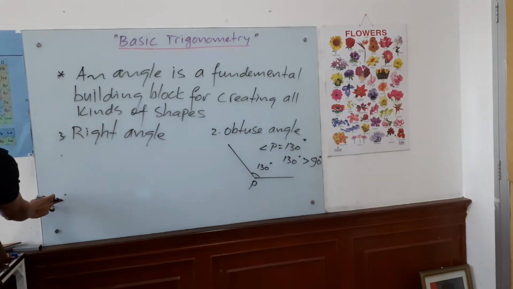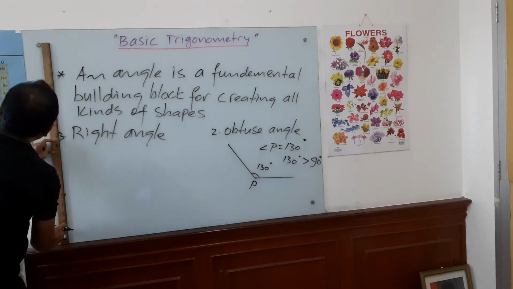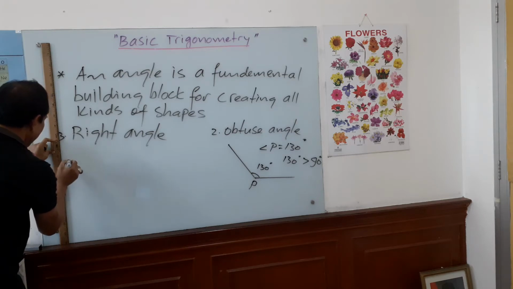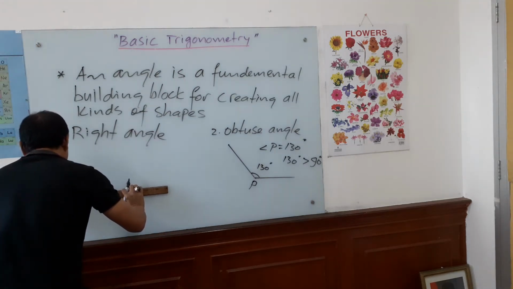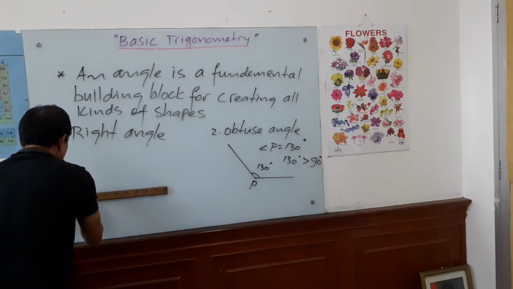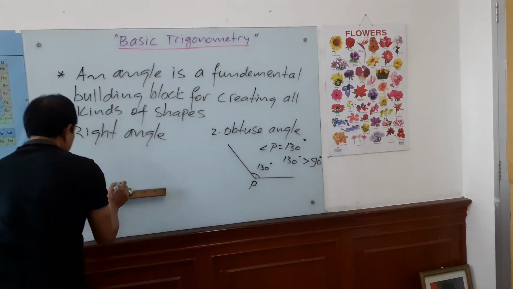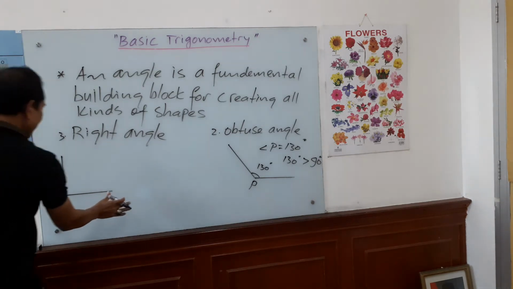We put a point here, and then we want to draw an angle. We want to create an angle. Then we draw another horizontal line here. We connect to this one here. All right, we have done it. This is right angle.